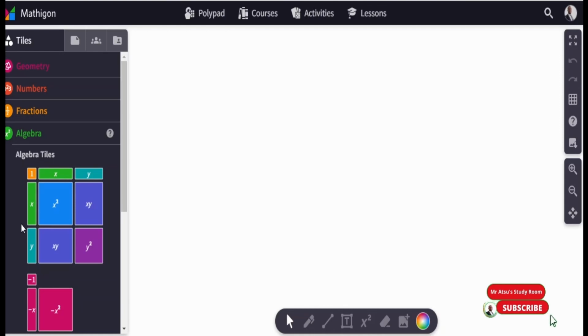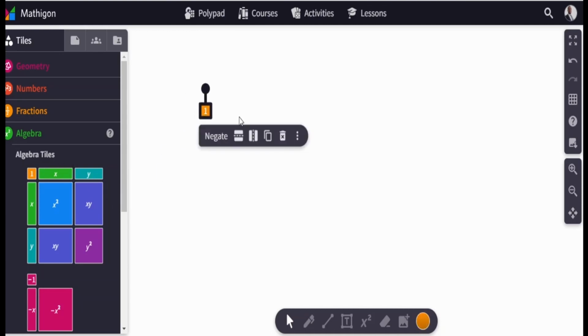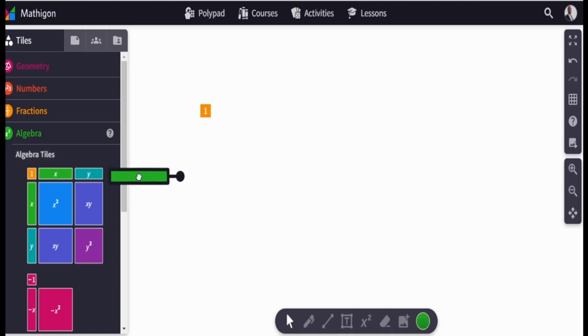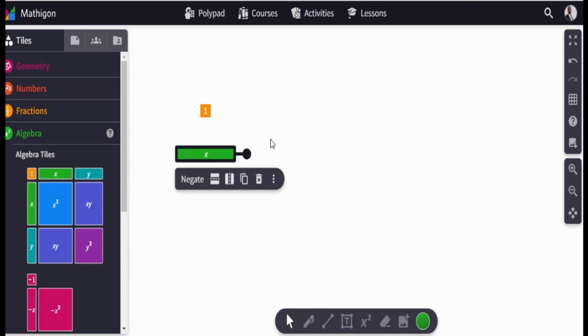Algebra tiles are multicolored squares and rectangles that are used to represent algebra. We have small square tiles that represent 1 unit or the figure 1, and also rectangular tiles for the value of x.